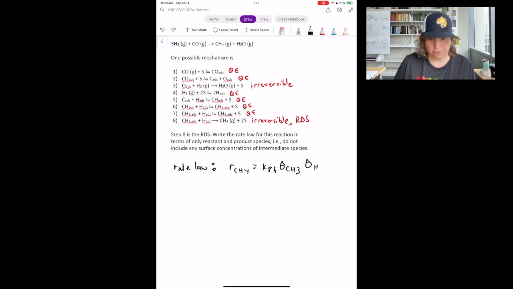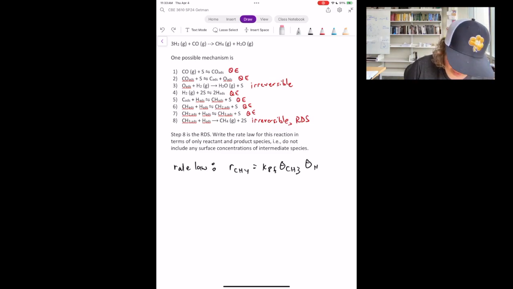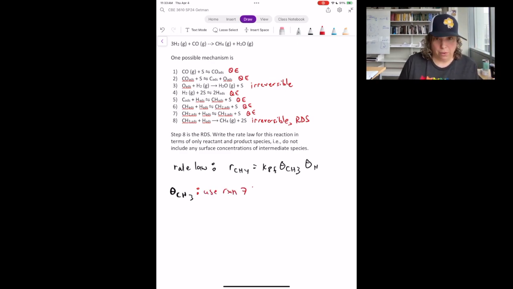For theta_CH3, I'm going to use reaction 7. Reaction 7 is a quasi-equilibrated step. That means its net rate is equal to 0.